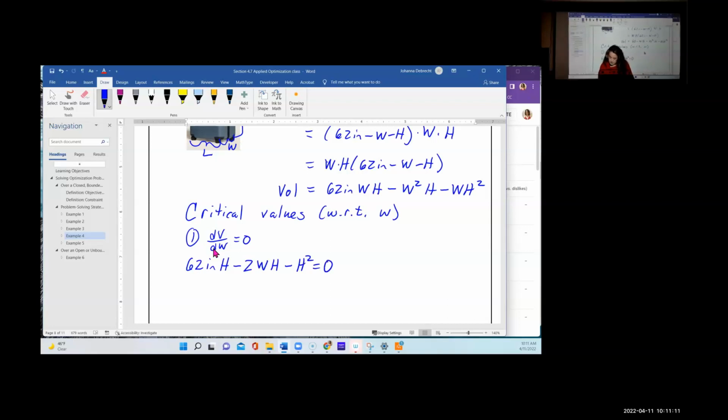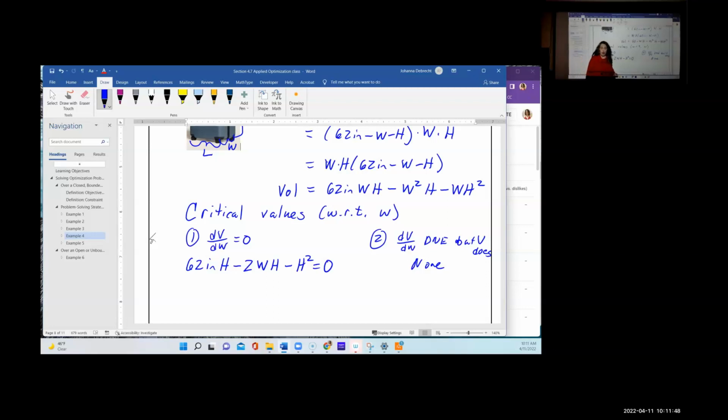That is my derivative. And my type 2s, I have none. All right. So again, I only took the derivative with W as the variable. So H was a constant, so it just multiplied along like the 62. So this gave me 62 inches H minus 2WH minus H squared equal to 0.